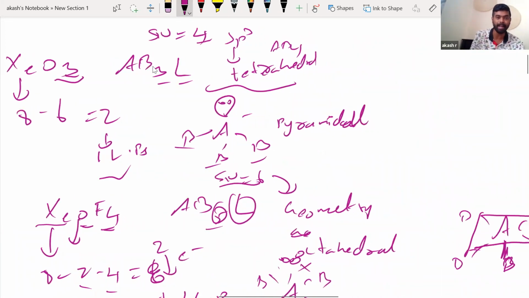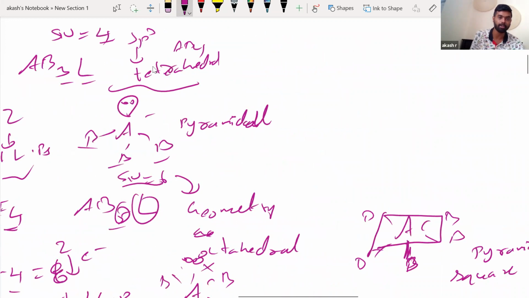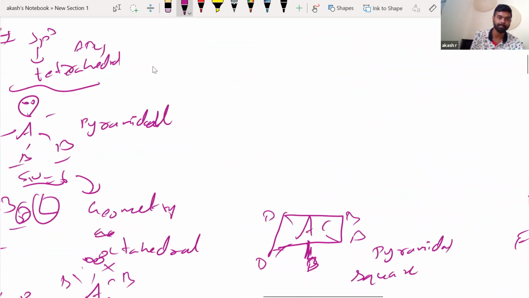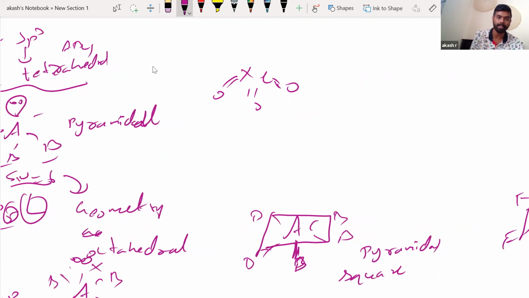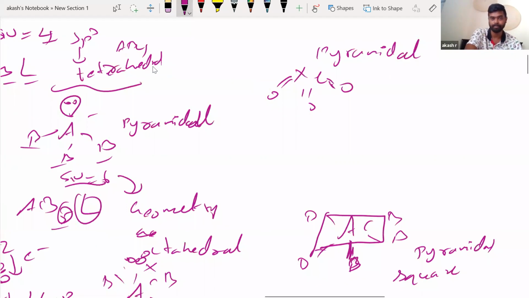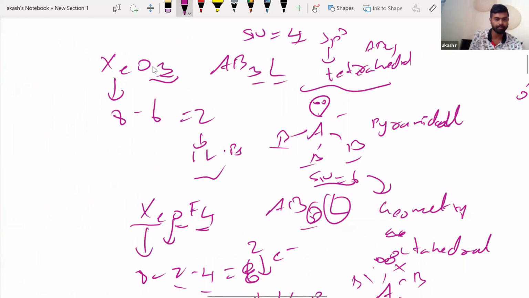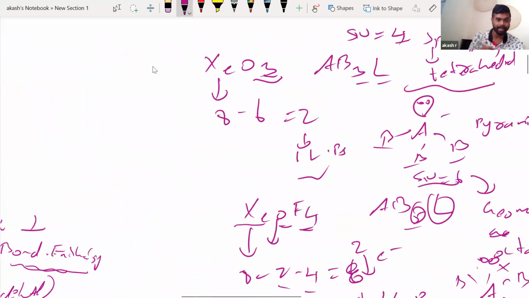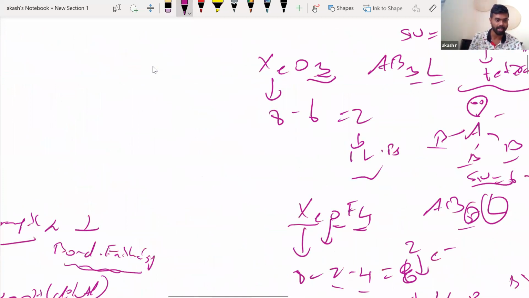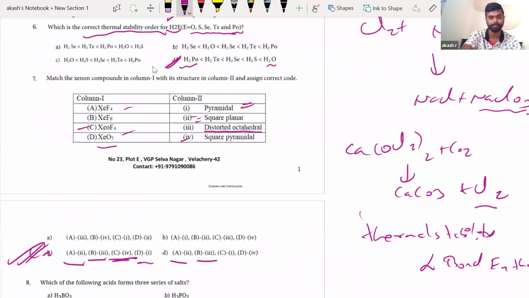So this is exactly how your XeO3 will also be. Okay, so this is my pyramidal shape. So definitely my XeO3 would have been pyramidal. That is D, yes, D is right. So the correct answer to this question is option C.